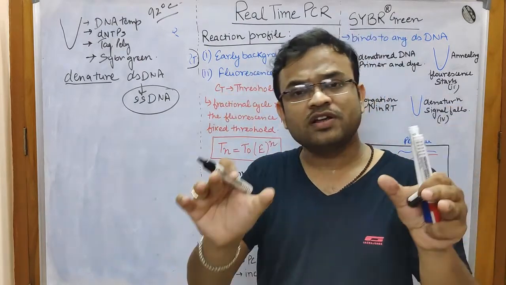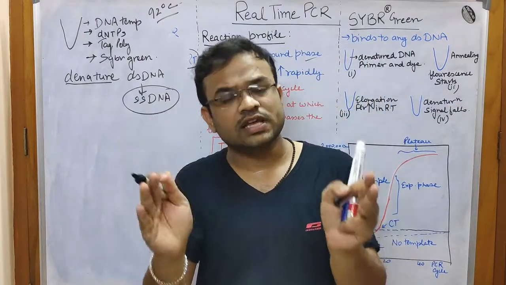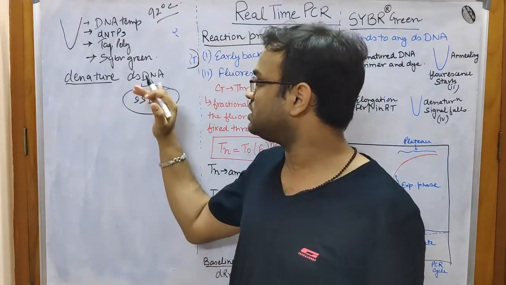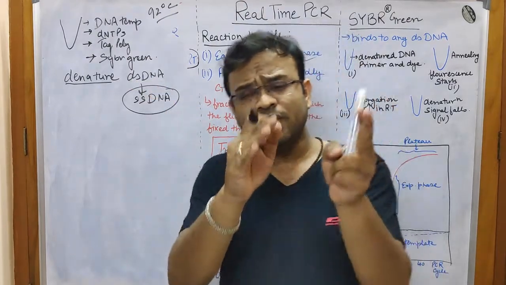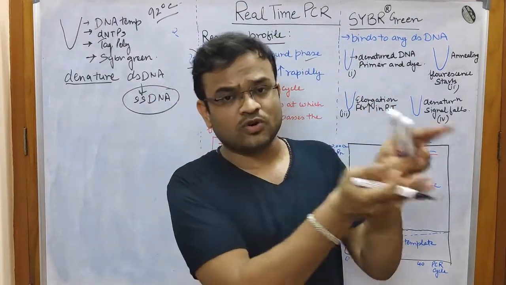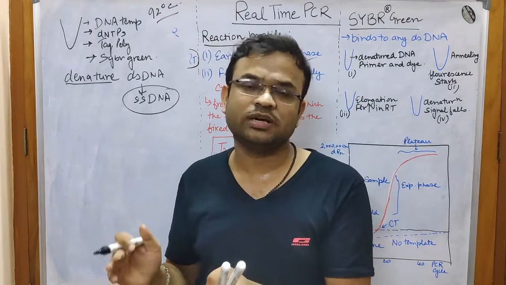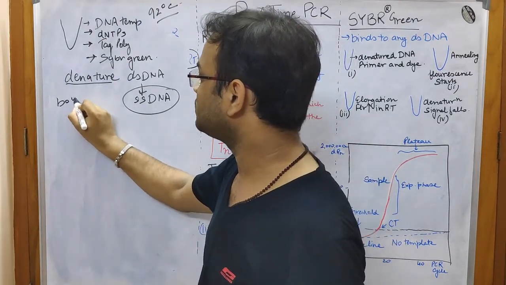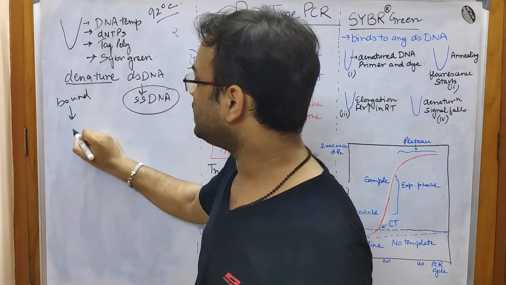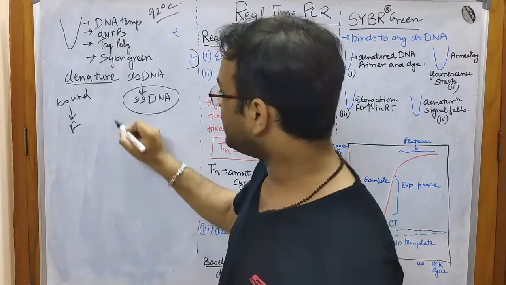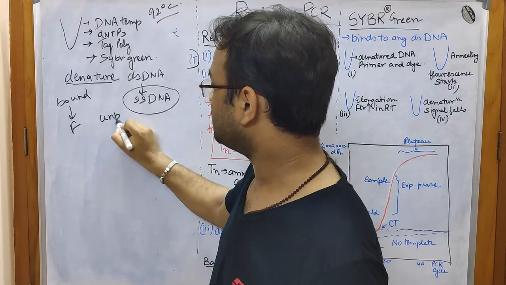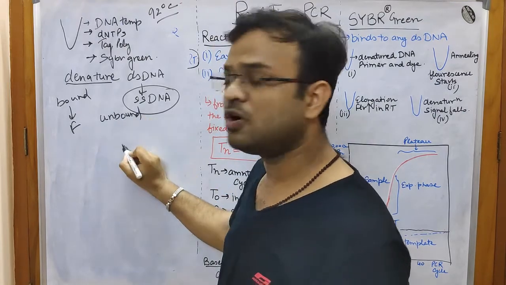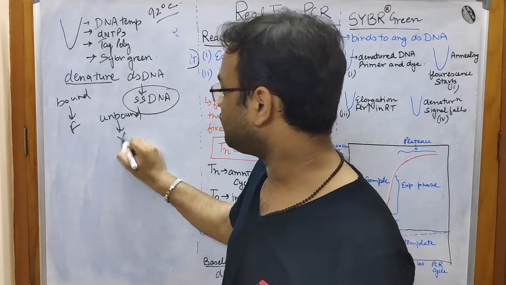Therefore, the SYBR Green will give fluorescence only and only when it is bound to the double-stranded form. When it is in the bound form, then only it gives fluorescence. When it is in the unbound form, it won't give fluorescence.